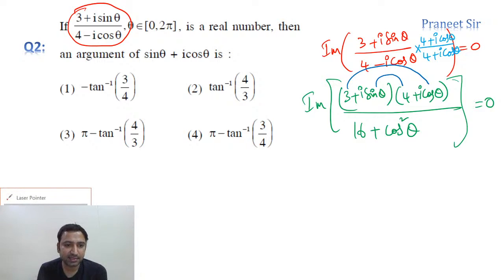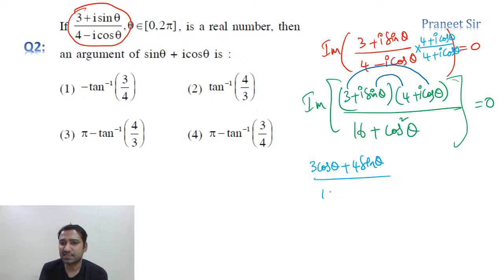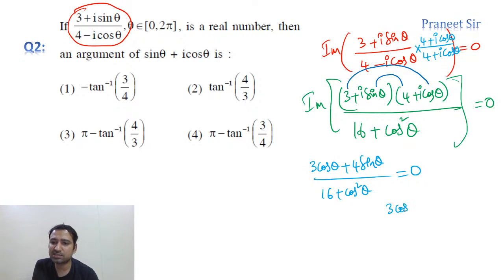Right. Let's see this. If you calculate the imaginary part, what we get is (3 cos theta plus 4 sin theta) by (16 plus cos square theta) is equal to 0, guys. Clear? So from this, 3 cos theta plus 4 sin theta is equal to 0.